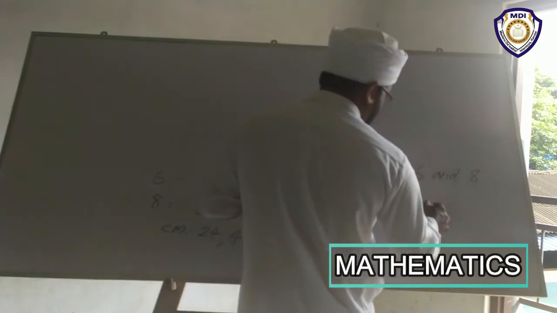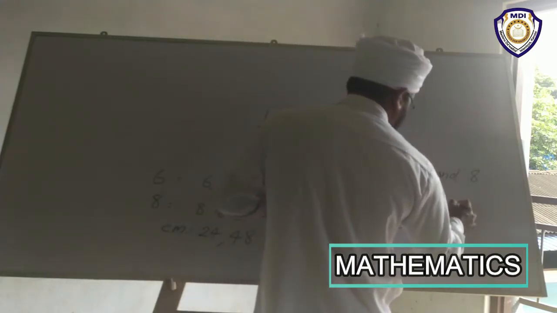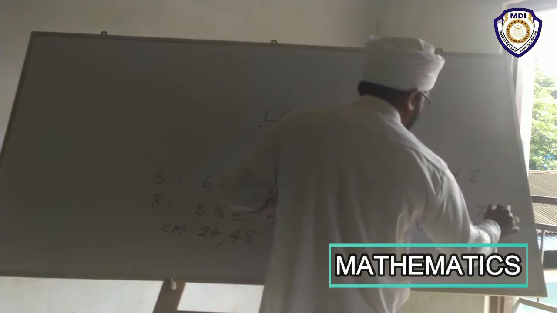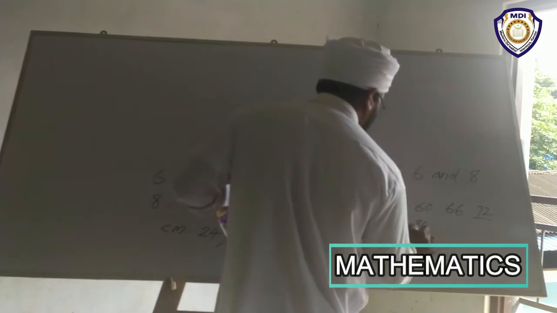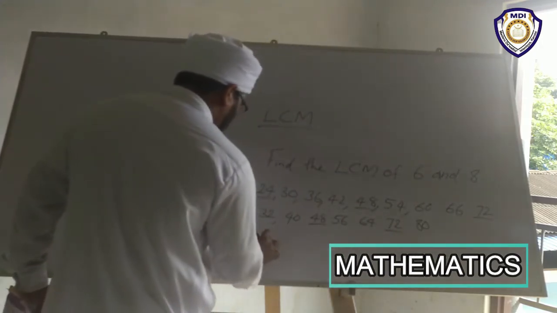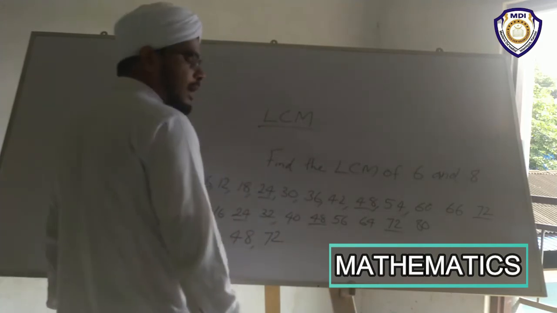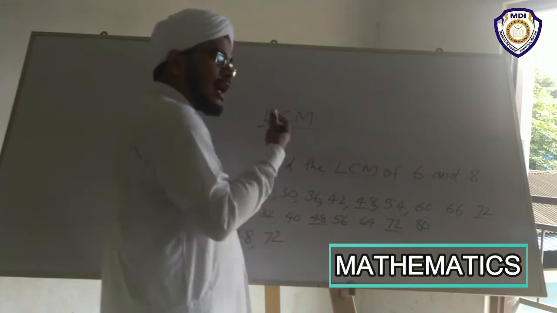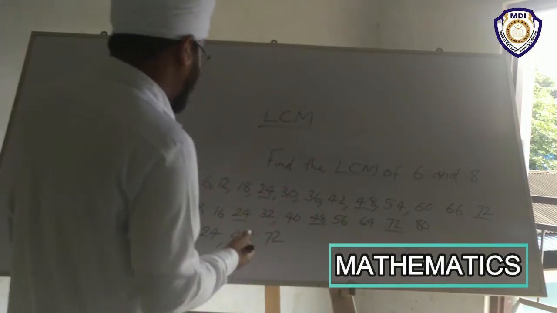If you write the next ones, 66, 72, then 72 is also a common multiple. If you write more multiples, we will get more common multiples.